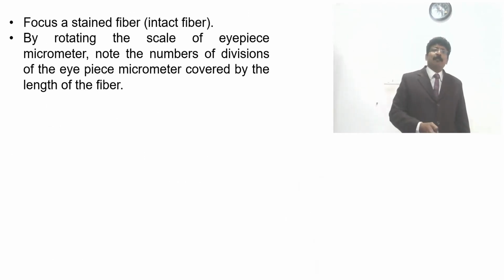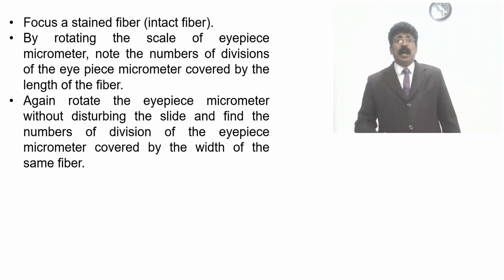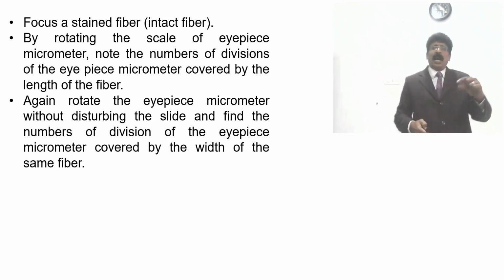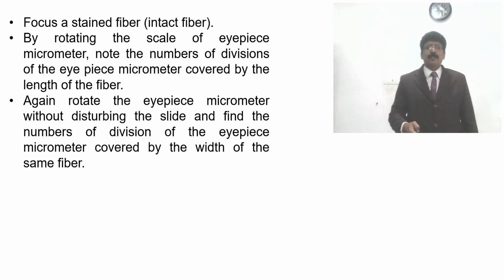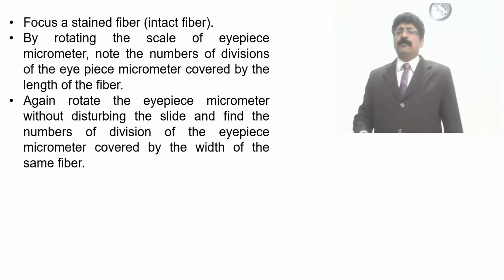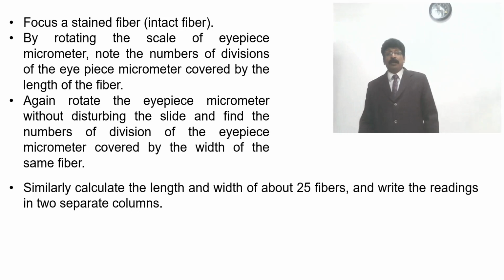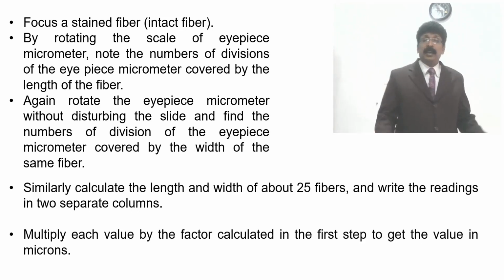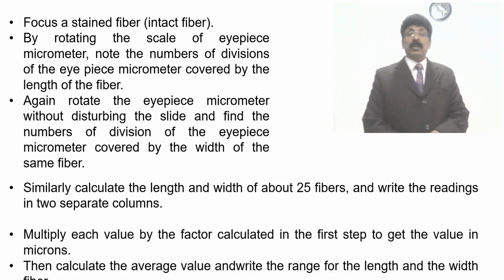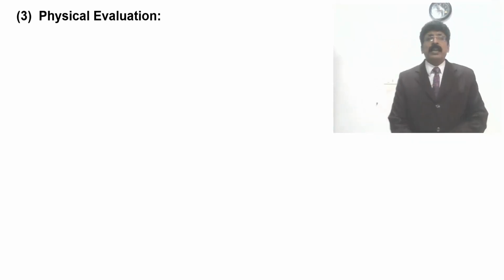Note the number of divisions of the eyepiece micrometer covering the length of the fiber, then rotate the eyepiece micrometer without disturbing the slide and find the divisions for the width of the fiber. Similarly, 25 fibers can be counted and the average taken, and the length and width of the fiber in microns can be denoted as your result. Now we are coming to the physical evaluation.